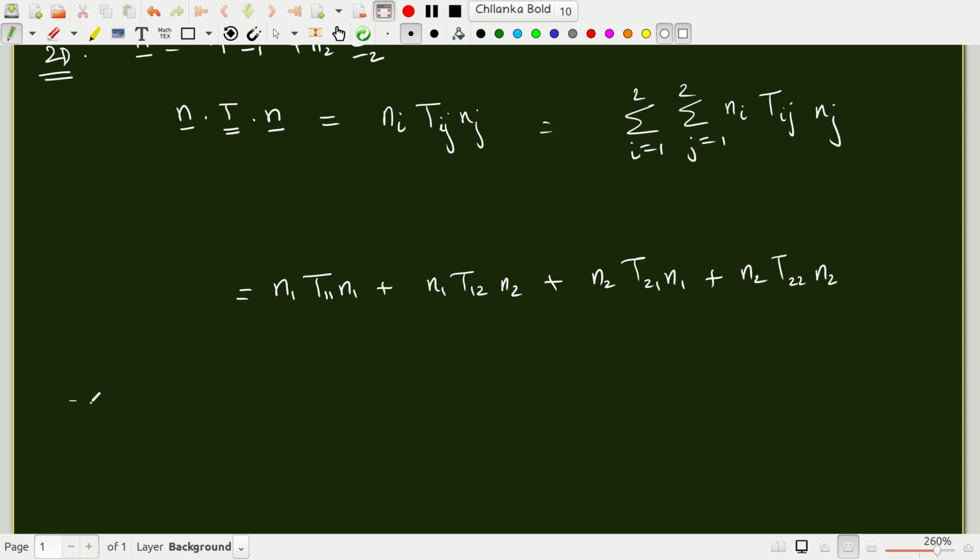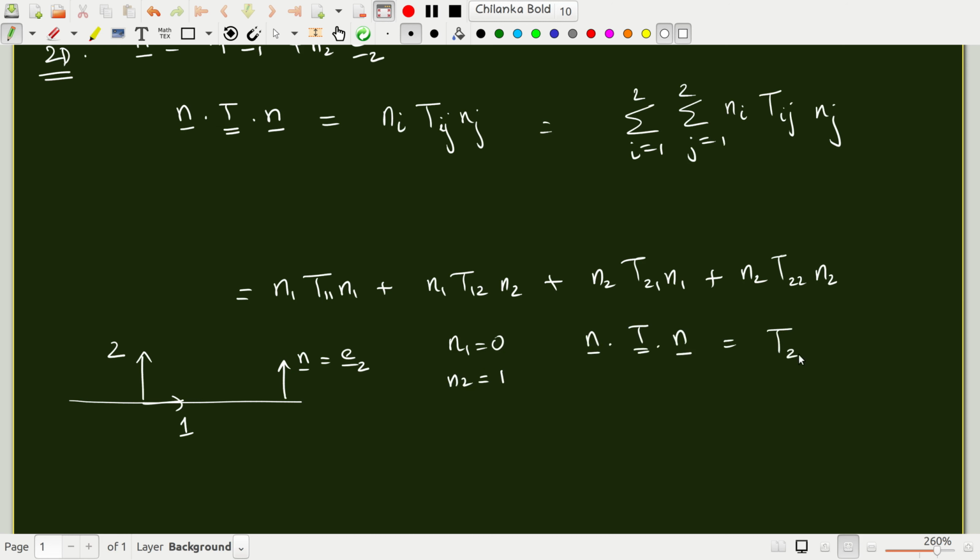Now let's take the simplest case. This is 1, this is 2. That means that, let's say the interface is flat, then n is e2. That means n1 is 0, n2 is 1. Therefore n dot T dot n will be simply, all the other terms will be 0, only T22 will survive.